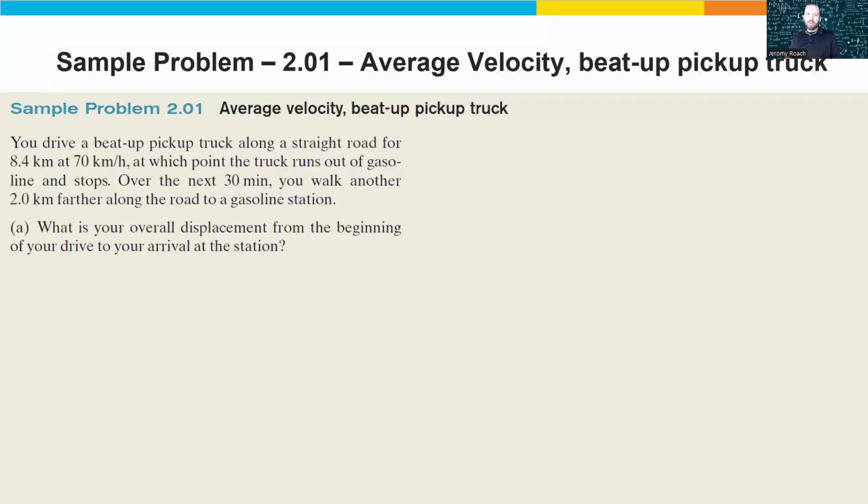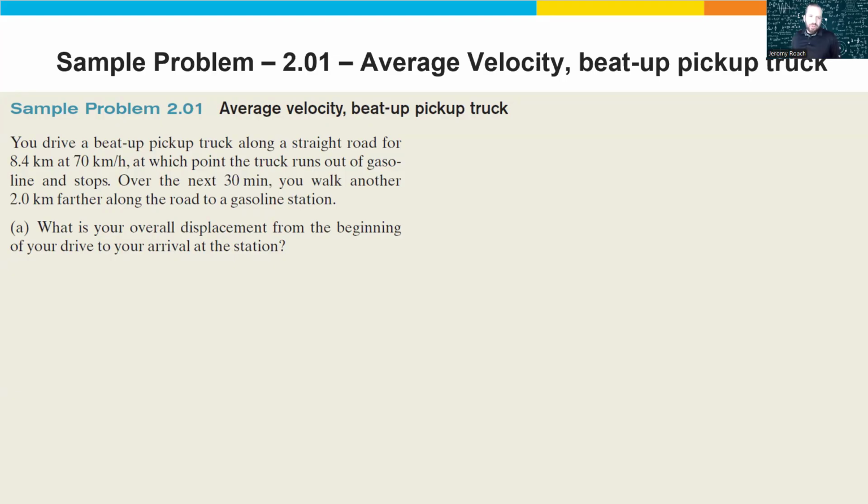Let's look at an example problem. This is an interesting problem. So this problem has to do with driving down the road and walking. And we're going to be able to differentiate between displacement and distance and calculating some average times of these different quantities.